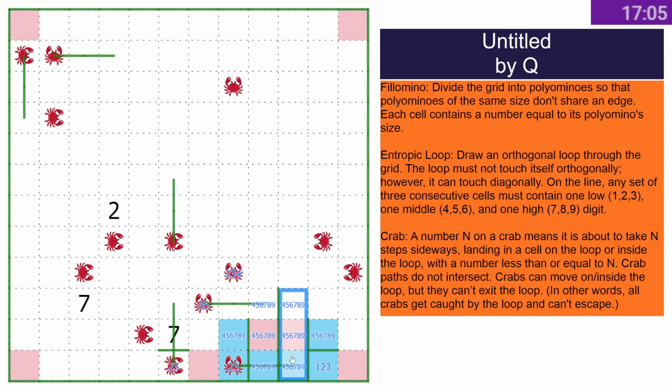Yeah, it's so weird that you keep getting trapped, because once you're trapped on one side, 2 of the other sides are trapping you because of where the loop goes.